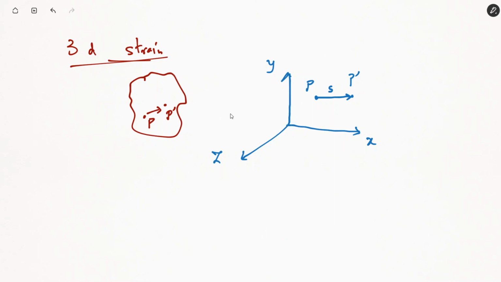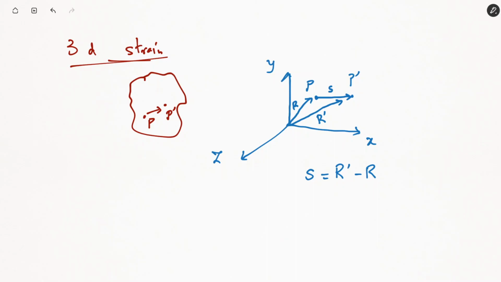This displacement, through the help of coordinate geometry, we can say if these two vectors, say for example, this is r and this is r dash, then s is r dash minus r.